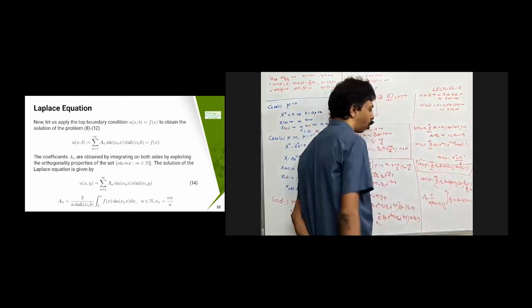For this problem, u(x,y) equal to the summation n equal to 1 to infinity of an sinh(νn y) sin(νn x), where an can be estimated using this formula. This is called your Laplace equation solution.